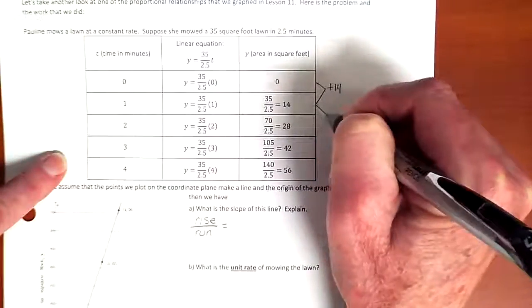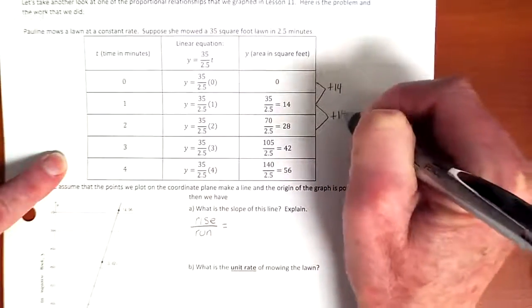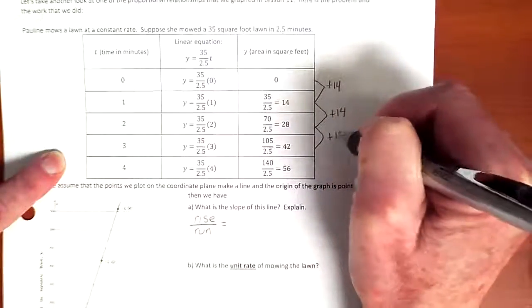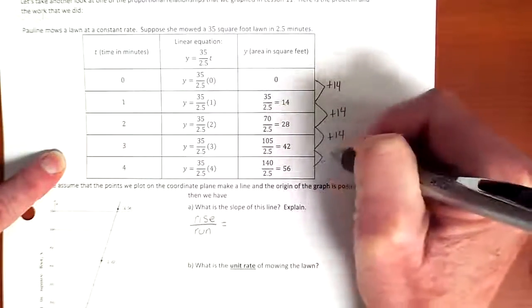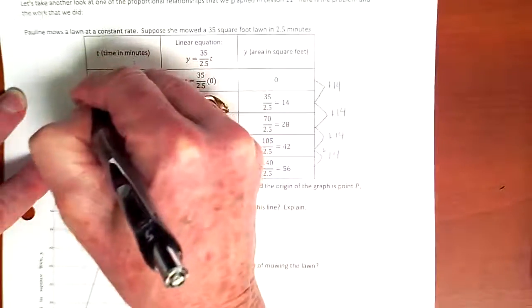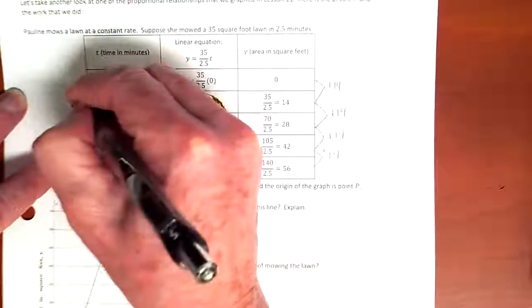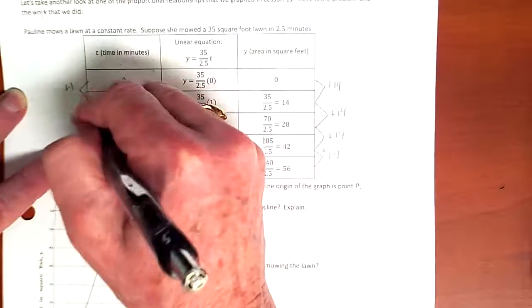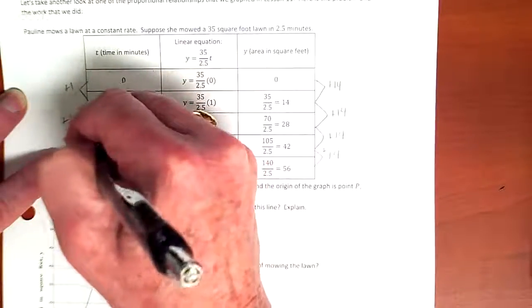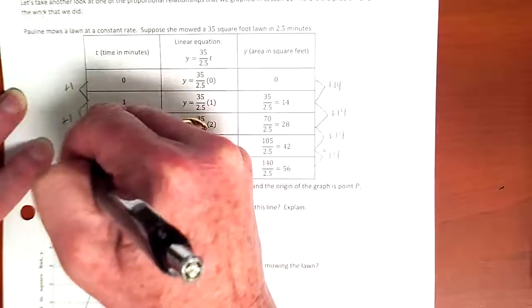From here to here, we add 14. From here to here, we add 14. From here to here, we add 14. From here to here, we add 1. Here to here, we add 1.